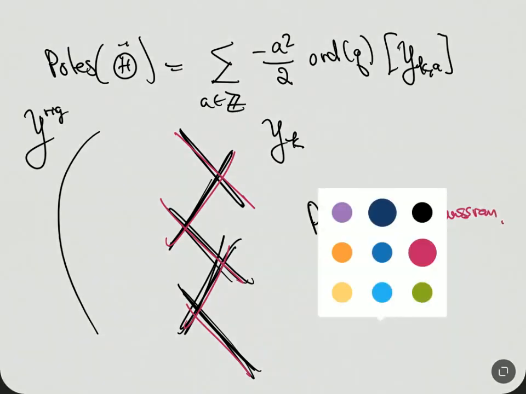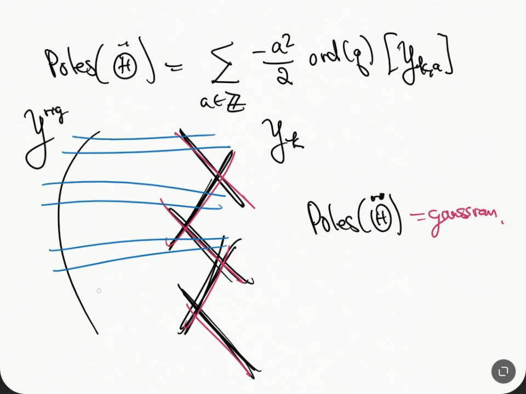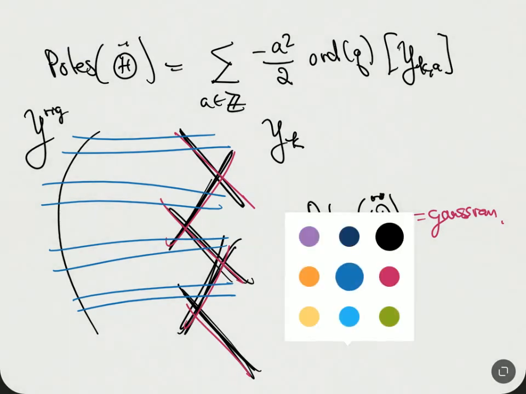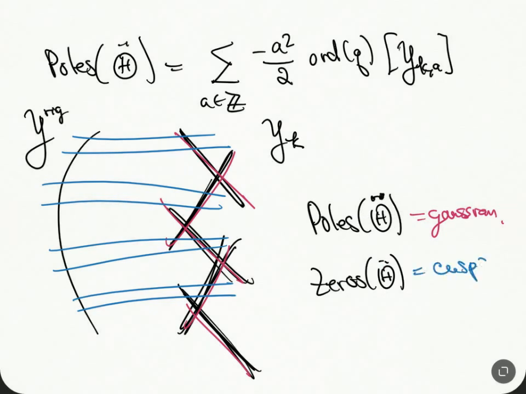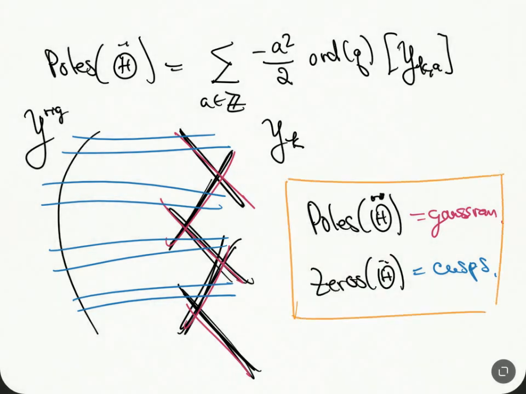And then the zeros correspond to the various cusps. So we're going to have these horizontal components here. So again, the zeros are just the cusps, and they're uniform. All right, so that's what we get for these. That's so nice.